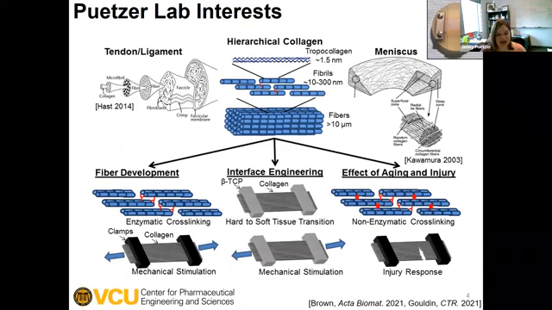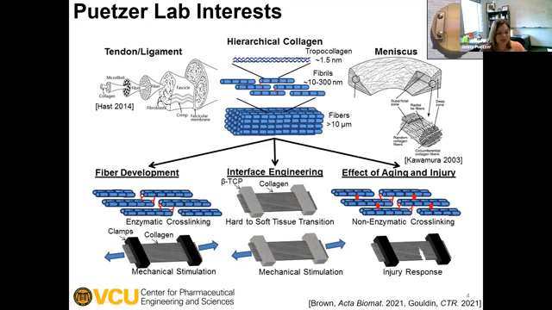Just to highlight 2 things that are a little more pharmaceutically relevant, within our fiber development, we're really interested in understanding the natural cross-linking of collagen fibers, which is all regulated by the enzyme lysyl oxidase. It will form these weaker divalent cross-links, and then for reasons unknown, in our really strong, highly loaded tissues, we see these develop into really strong trivalent cross-links.